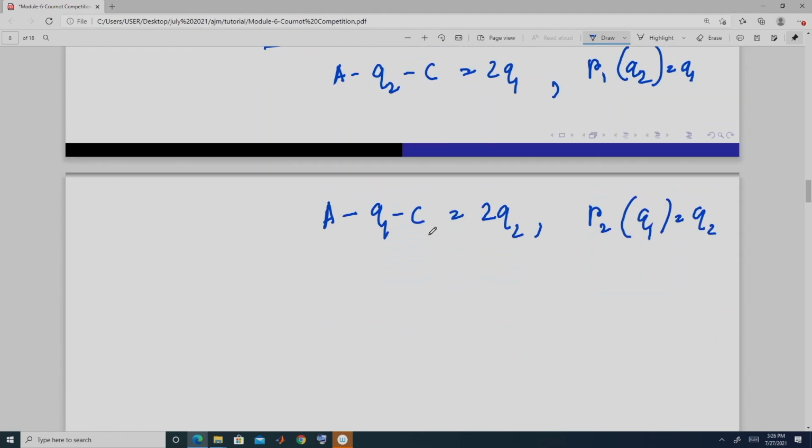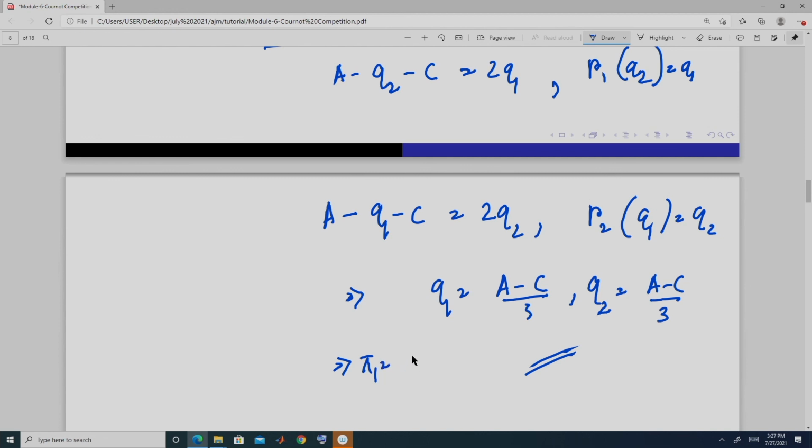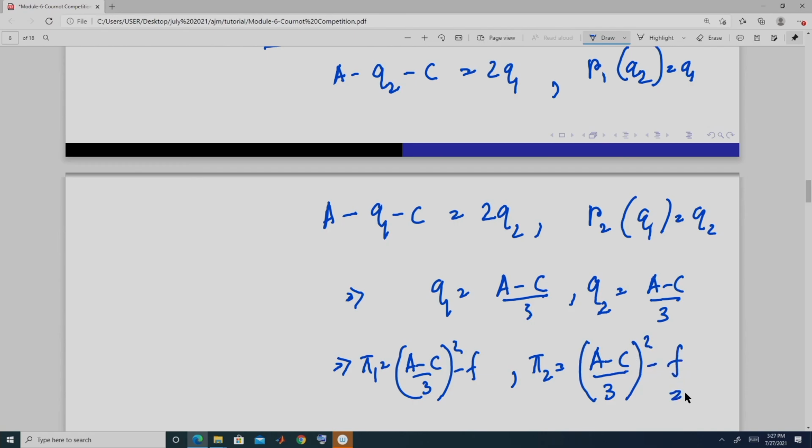If we solve this, we get the Cournot outcome, which we have already got, and in this situation we know the profit of farm 1 is this, right.